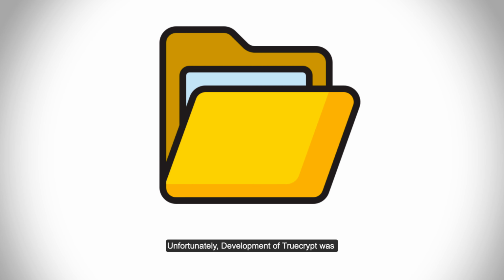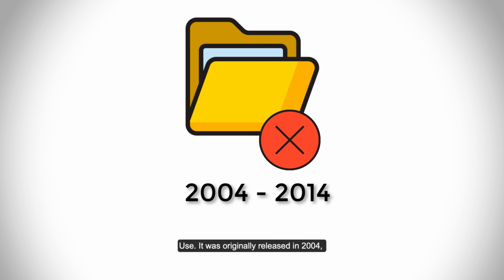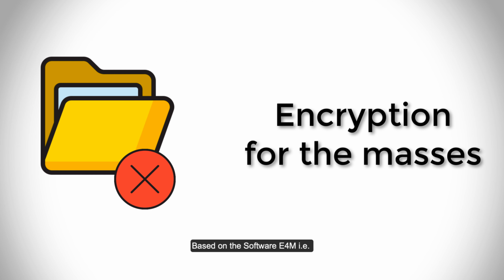Unfortunately, development of TrueCrypt was discontinued on May 28, 2014, but the source code is still available for compilation and use. It was originally released in 2004 based on the software E4M, that is Encryption for the Masses.